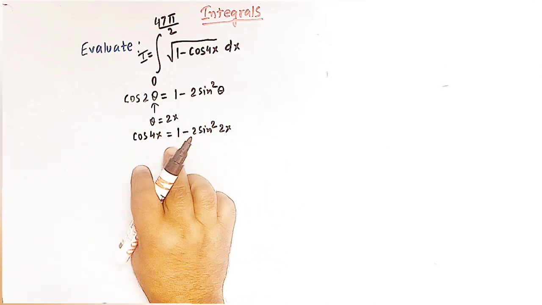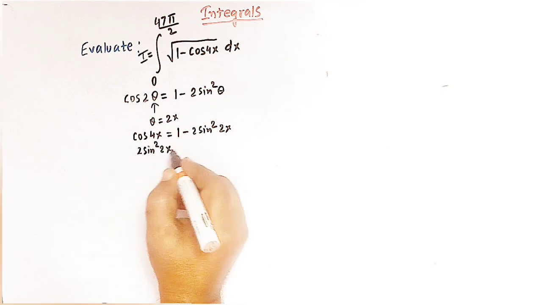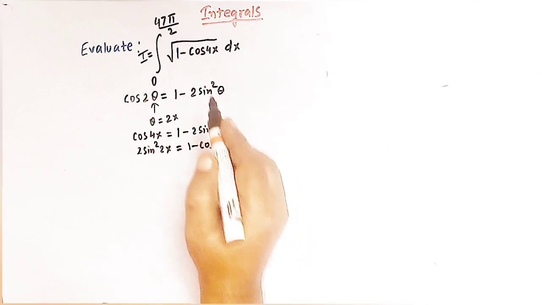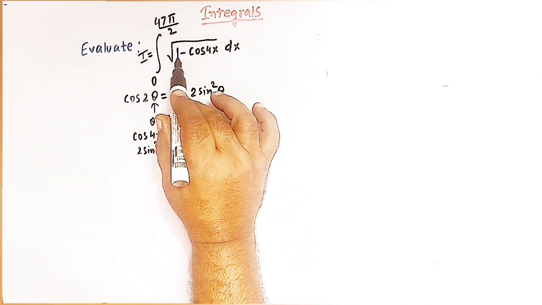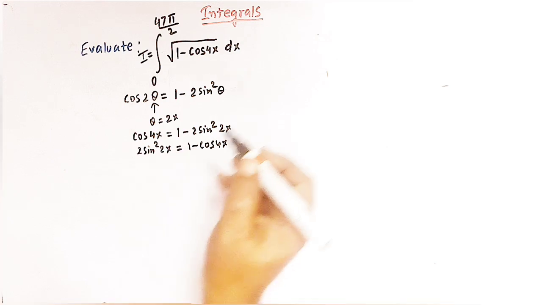Now rearranging the terms, we can write 2 sine square 2x is equal to 1 minus cosine 4x. So we can replace 1 minus cosine 4x by 2 sine square 2x.